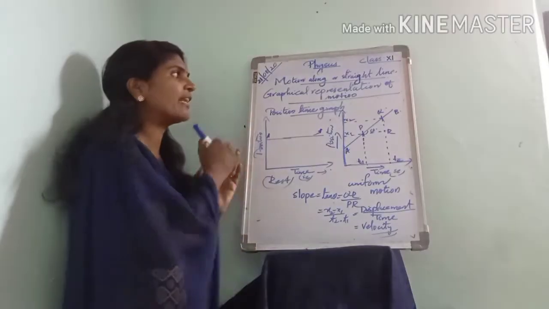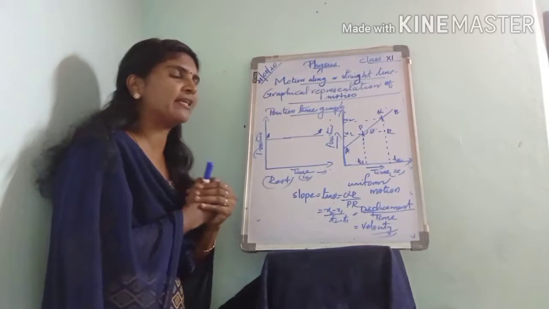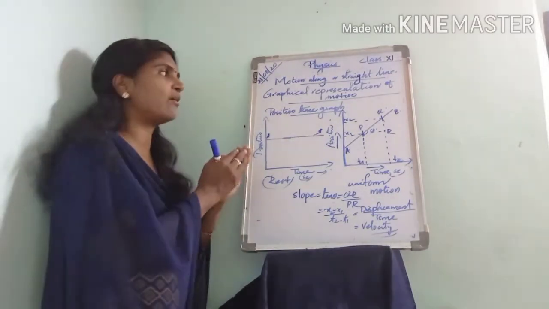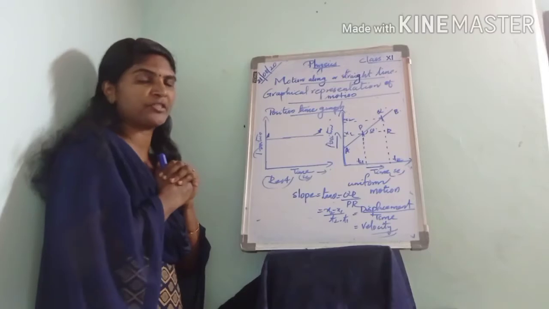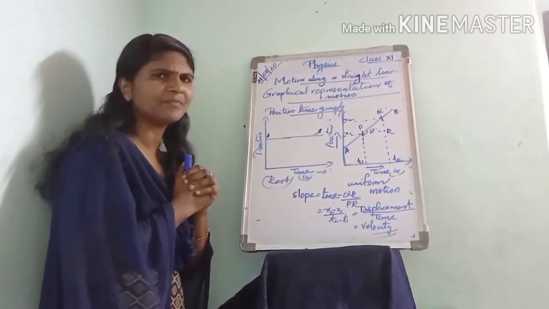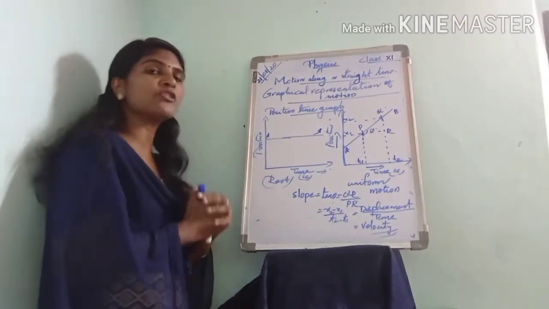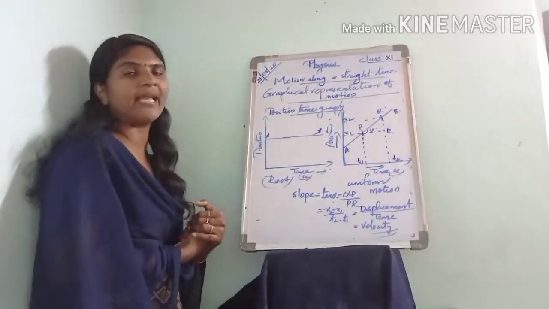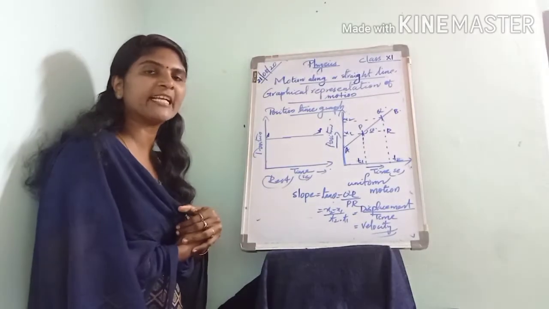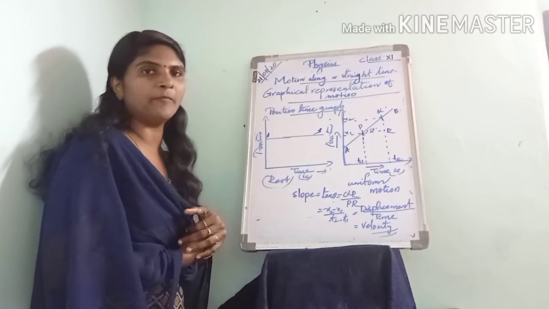Next, the graphical representation of motion. You already learned about it in 9th standard. Do you remember that? The motion of an object can be represented by using graphs. With the help of a graph, we can represent the motion of objects.